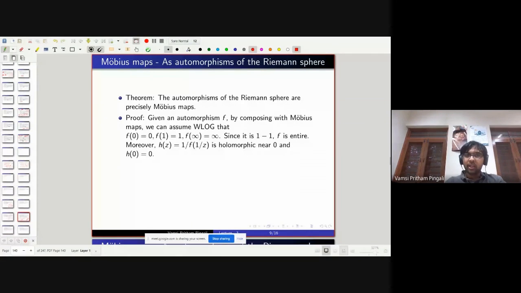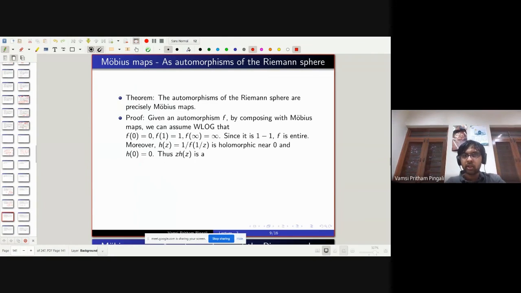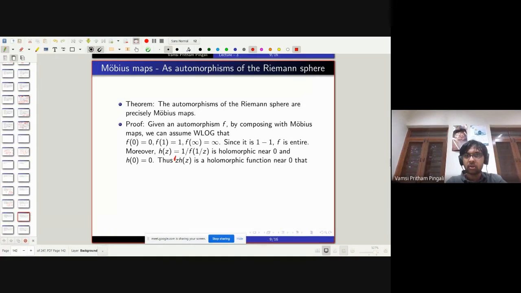Therefore, if h of 0 is 0 and h is a holomorphic function, then h of z divided by z is a holomorphic function near 0 that does not vanish at 0. Why? h of 0 is 0, so h of z is divisible by z.